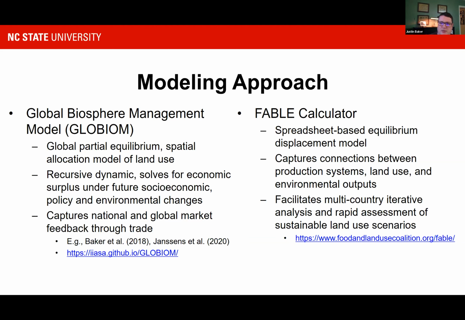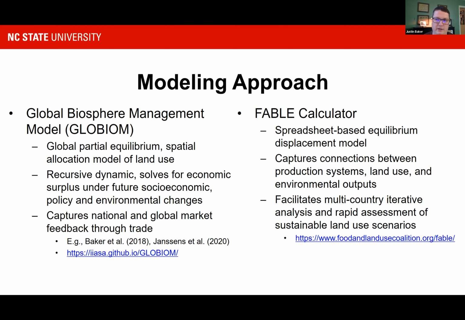It captures connections between production systems, land use, and the environment, and it's used currently to facilitate multi-country iterative analysis around sustainable land use pathways. It also allows us to conduct rapid sensitivity analysis of different land use projections, where maybe we want to look at the implications of adjusting a key parameter, or recalibrate trade flows in an iterative fashion.